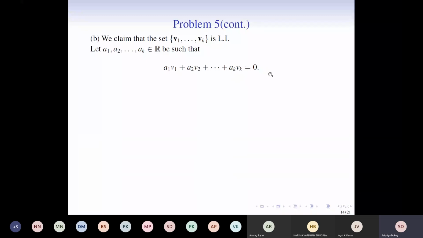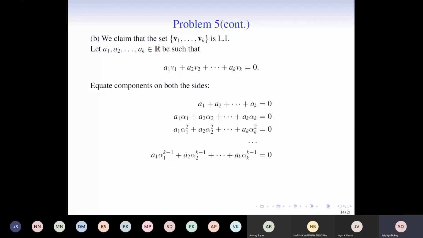Now we need to show that ai equals 0 for all i. We write the definition of Vi's and equate component-wise on both the sides to see that we get this equation. Please note that in order to say that it is linearly independent, we need to show that all ai's are equal to 0.